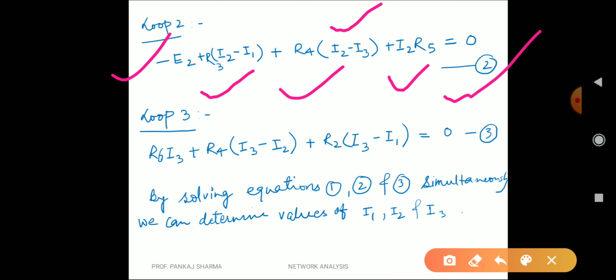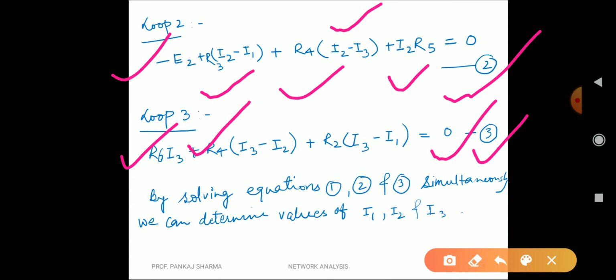Now let us come to the equation for loop number 3. It is R6 I3 plus R4 into the difference of current flowing across R4 when seen from loop 3, it is I3 minus I2, plus R2 into the difference of current when seen from loop 3 or mesh 3, it is I3 minus I1, is equal to 0 as per the law. Call it equation number 3.